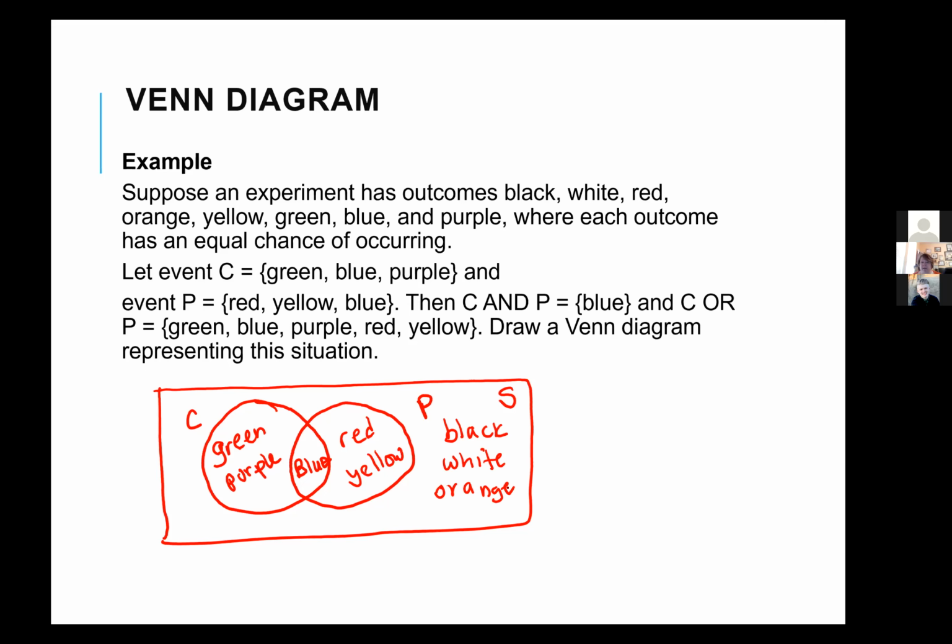And purple is in C. So outside the circles, we have 3 outcomes in our sample space that are not included in either event C or event P. So this Venn diagram is a way of representing a sample space and the outcomes of an experiment, the events.